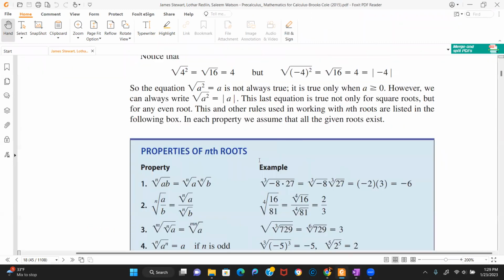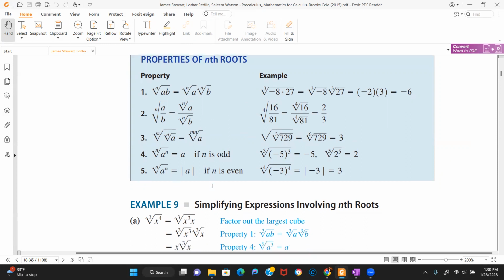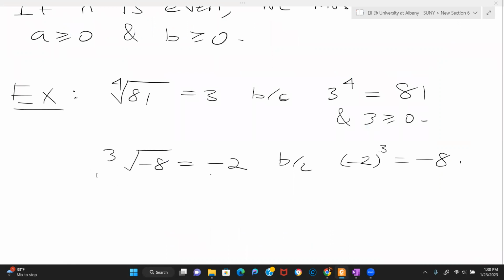It's usually kind of tedious to verify these, so you can just accept these as true, or if you want to know why they're true, feel free to talk with me during office hours or whatever, and we can try to figure out why these are true. All right, so let's look at an example using these properties of the nth root.